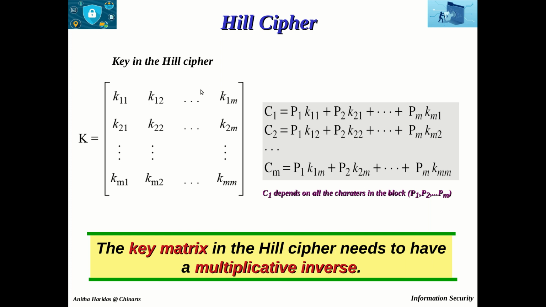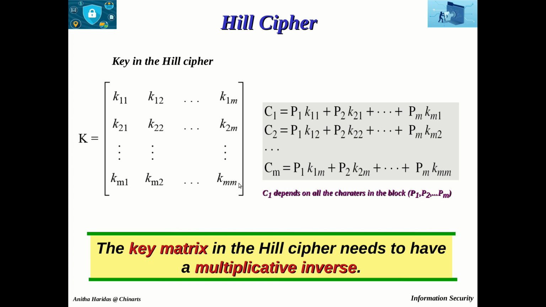Now this key matrix is a square matrix of size m by m, in which m is the size of the block. I repeat, in the Hill cipher, the key is a key matrix, and this key matrix is a square matrix of size m by m.